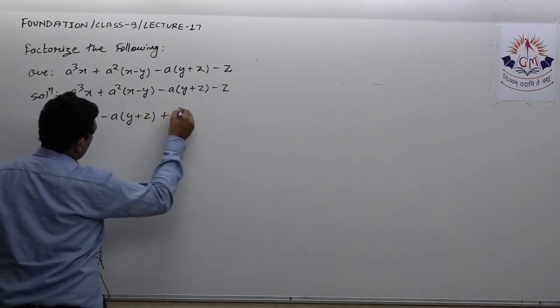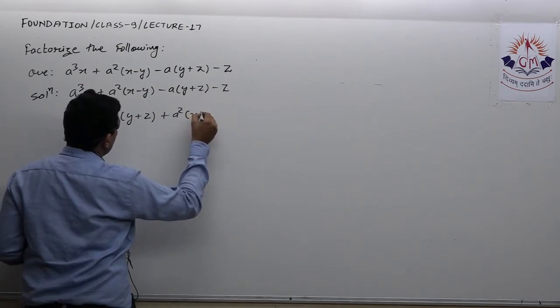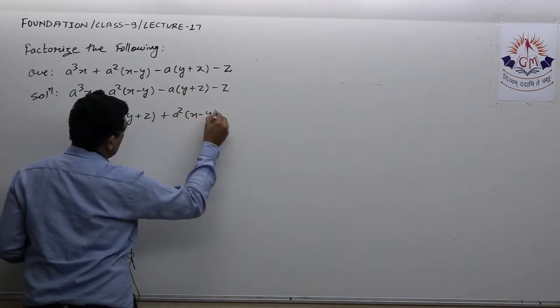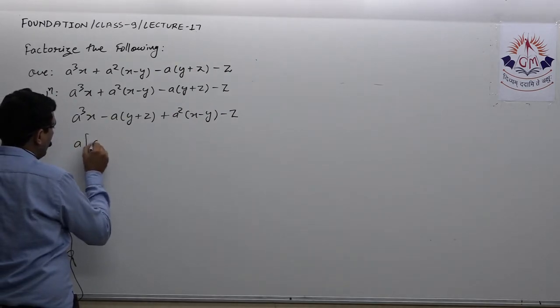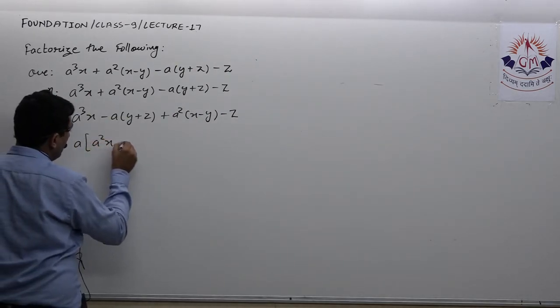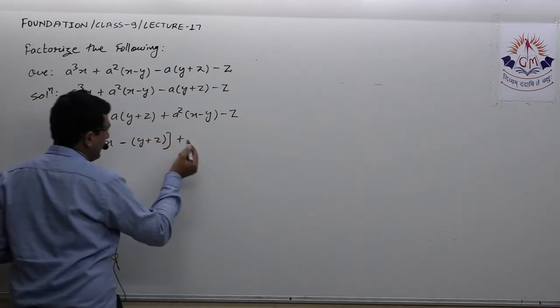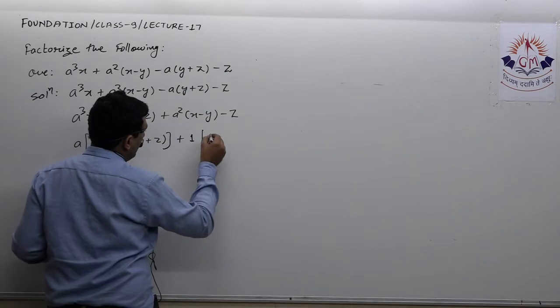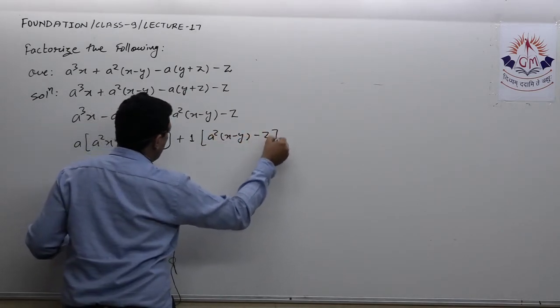I wrote the first term, then the third term, then the second, and the last term. Now from these two I can take a common. So here I get a square x minus y plus z. And from these two again I can take one common only. So I get a square x minus y minus z.